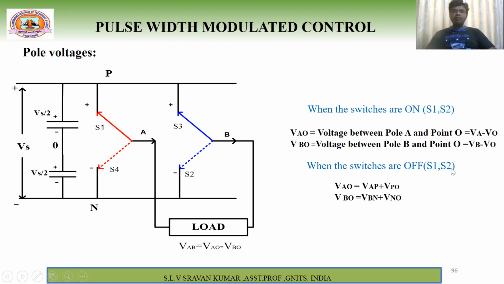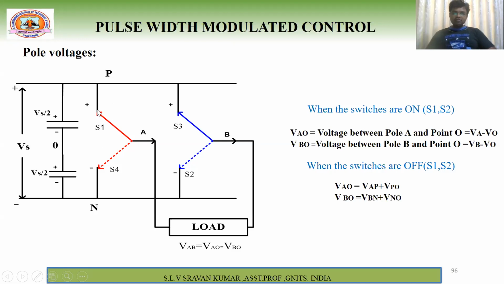When the switches are off, what is VAO? How can you get VAO? When this switch is off, some voltage will exist between this point and this point. Therefore, VAO is nothing but VAP plus VPO. Simple KVL, VAP plus VPO.